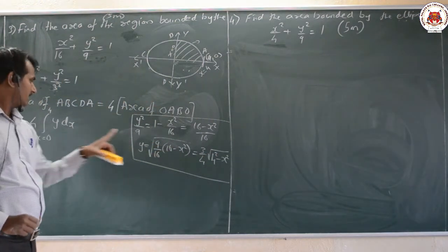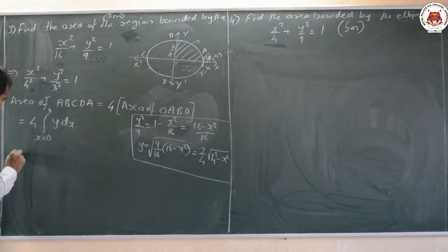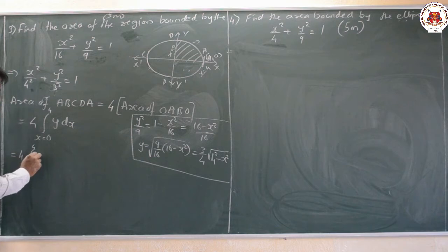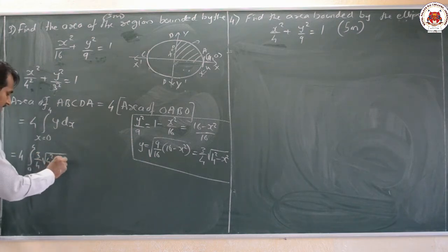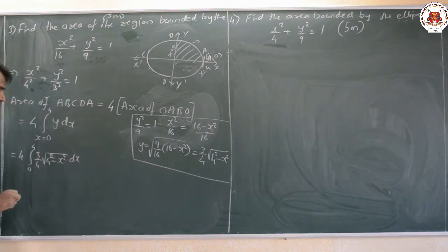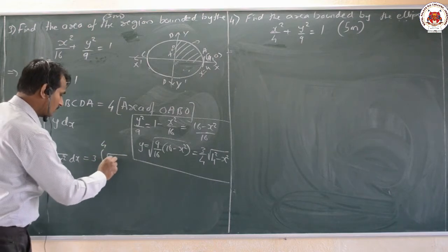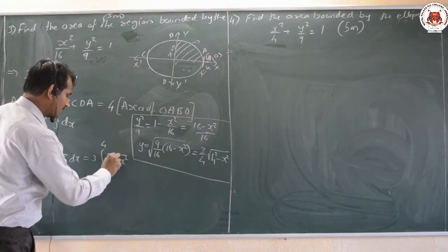Now in the place of y I will substitute that, which is equal to 4 into the integral from 0 to 4 of 3 by 4 root of 4 square minus x square dx. I will take out the common factor, that means 3 into the integral from 0 to 4 of root of 4 square minus x square.